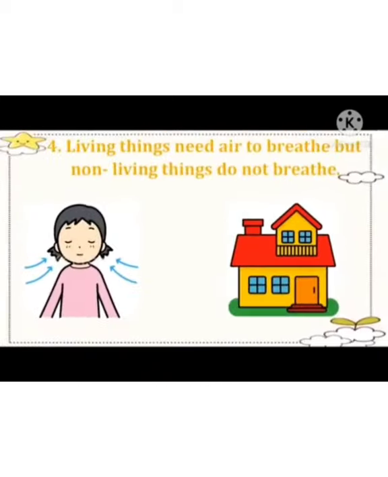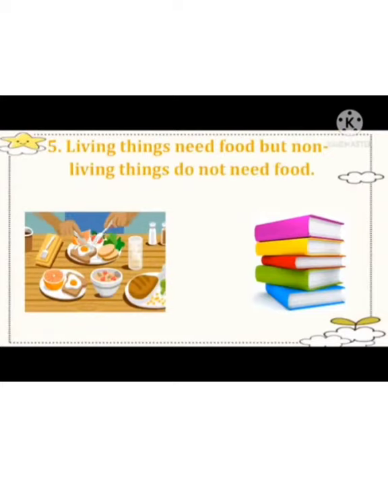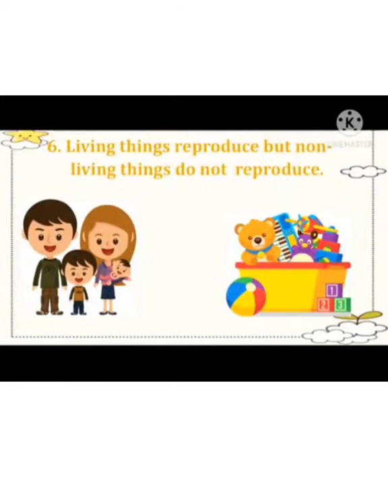Living things need air to breathe, but non-living things do not breathe. Living things need food, but non-living things do not need food. Living things reproduce, but non-living things do not reproduce.